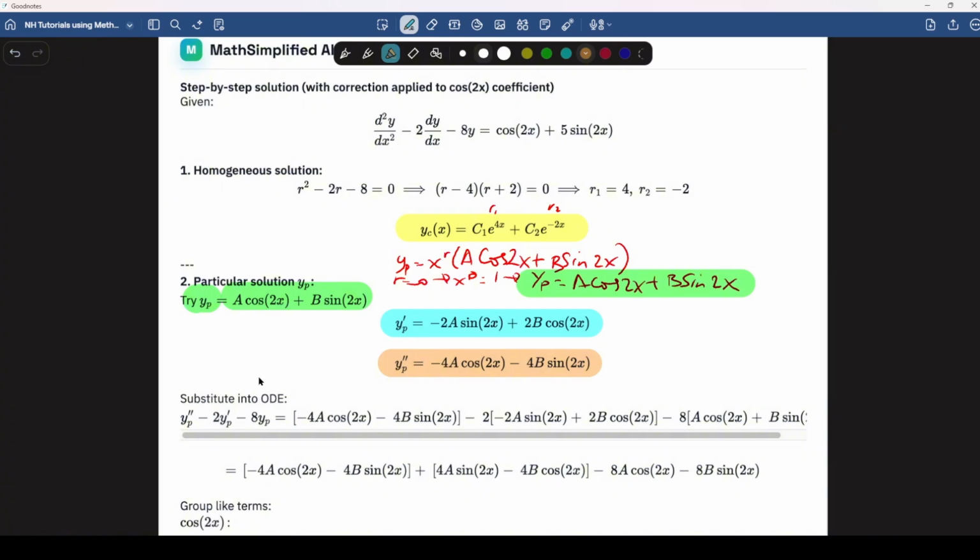So y double prime is negative 4a cos 2x, in brown. Minus 2yp prime, negative 2a sin 2x, in blue. Minus 8yp, our yp, a cos 2x, in green.